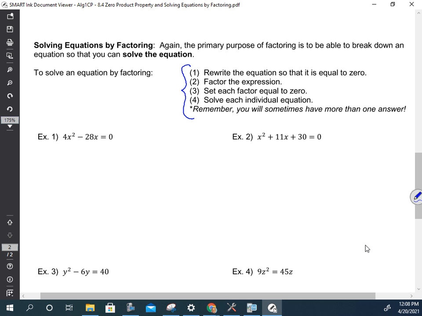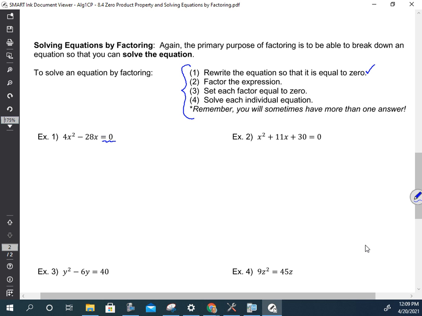First step is rewrite the equation so that it is equal to 0. So if we look at example 1, it's already equal to 0. So there's nothing we need to do there. Step 2, factor the expression.